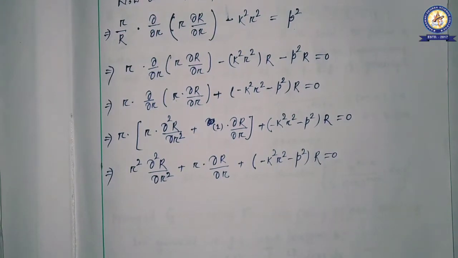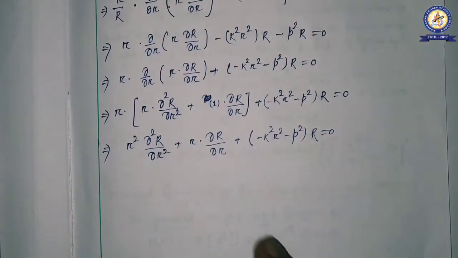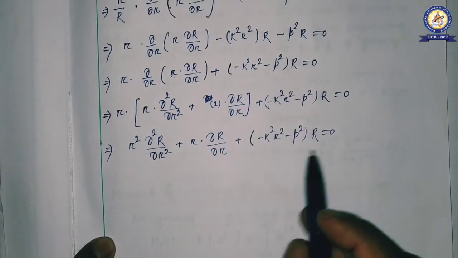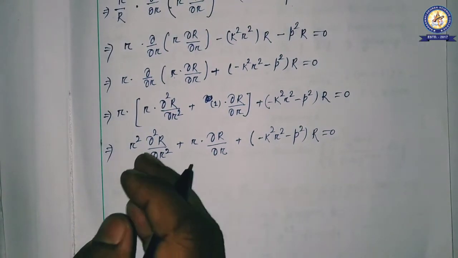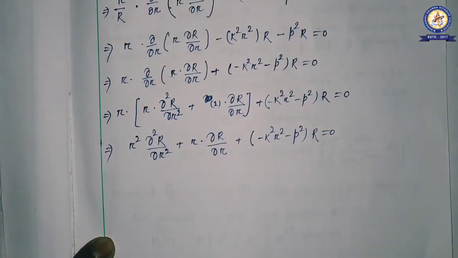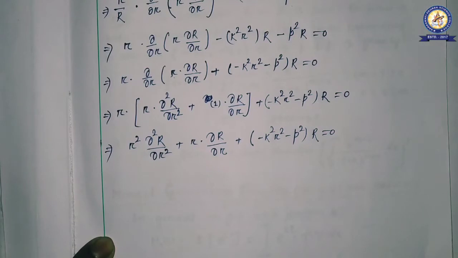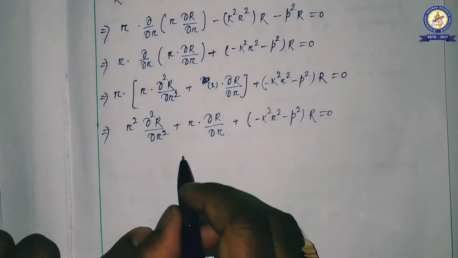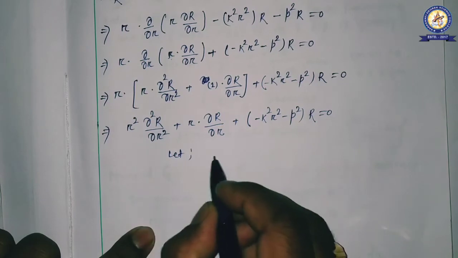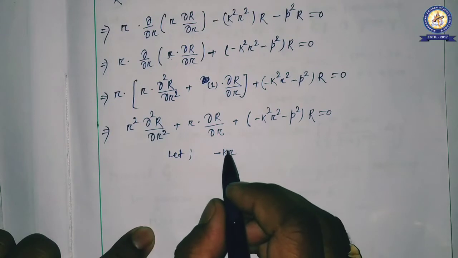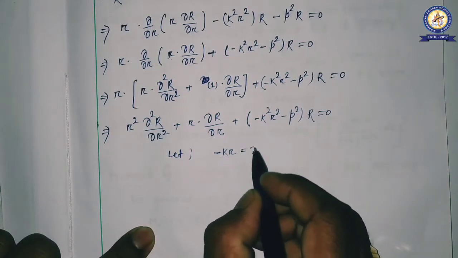Now here I am going to change somewhat in this differential equation, to convert it to another differential equation which will follow the Bessel differential equation. So what I'm doing is, let minus kr be considered as x.